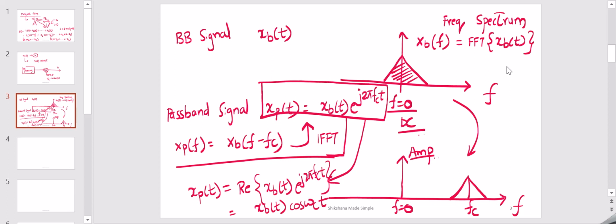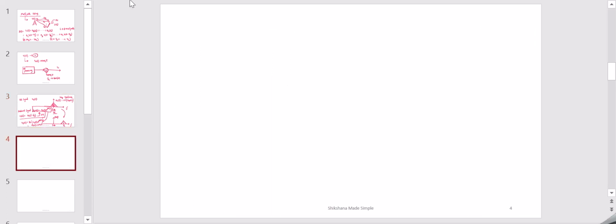All right. So now we have that. So we can write the equation at the receiver, which is y of t. So this is nothing but a real component of xp of t. Okay.